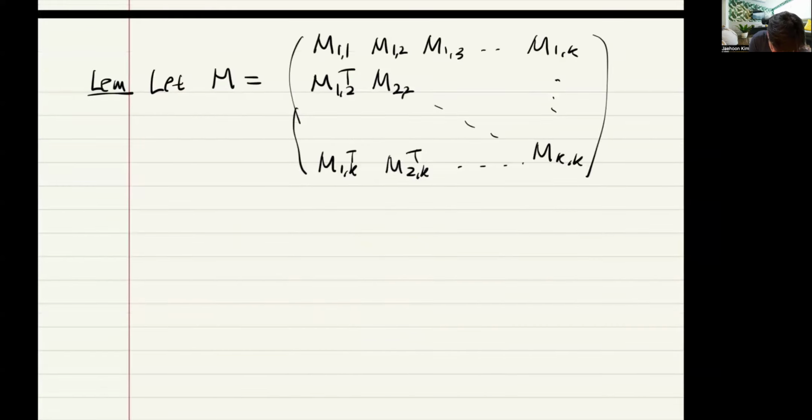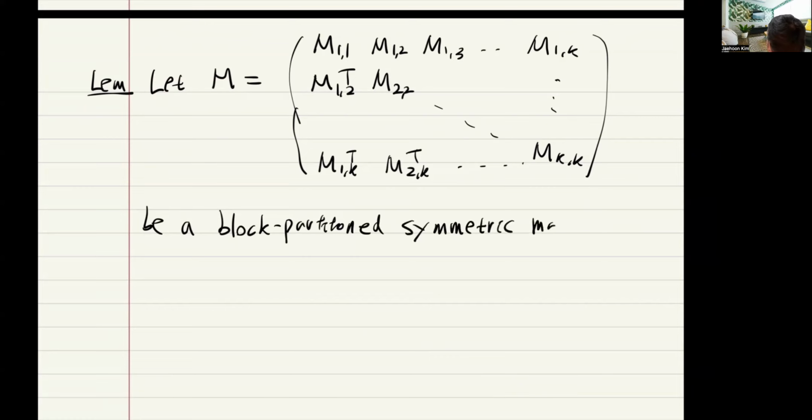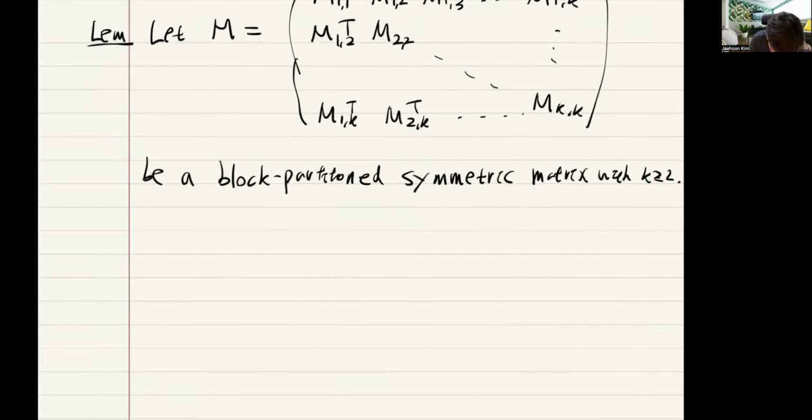So let's say this is a matrix which is a block partition, and K is at least 2.